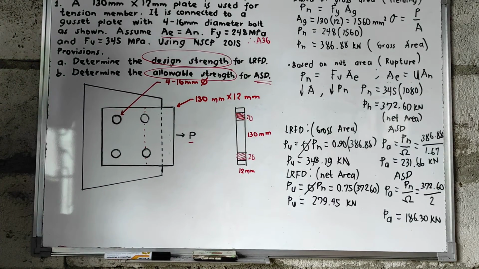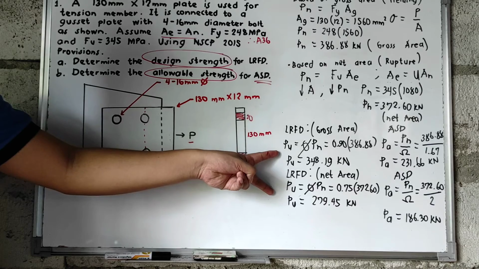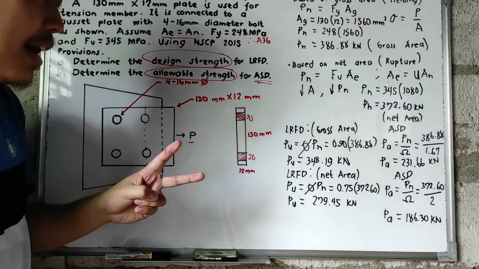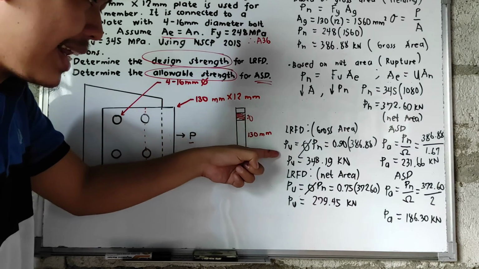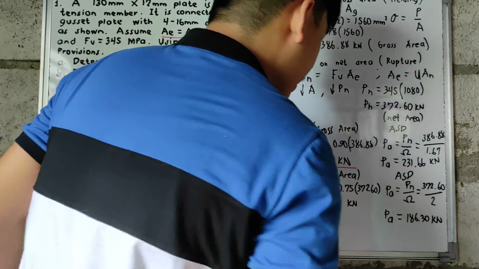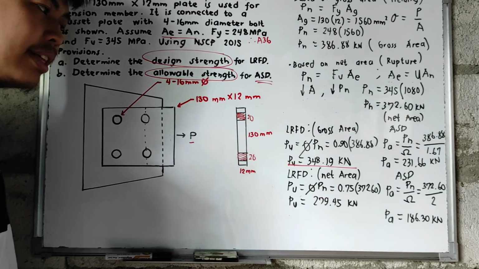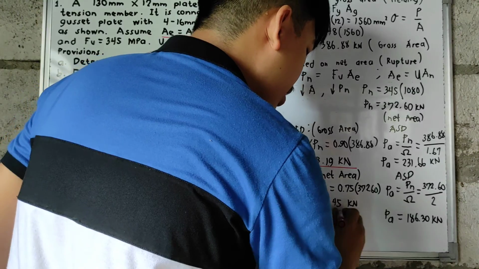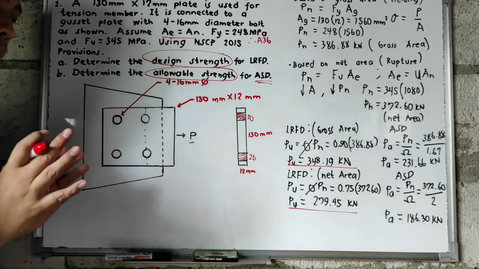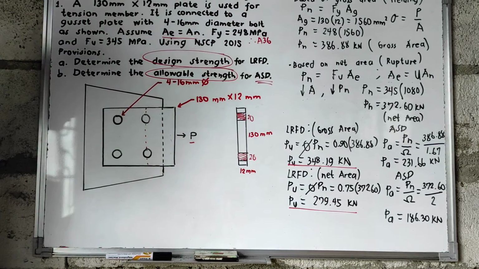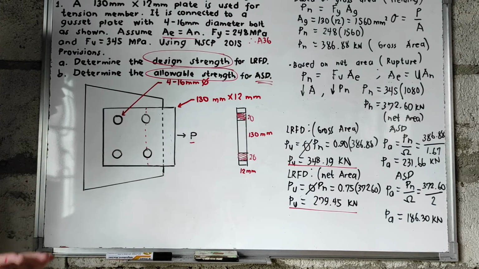So, for this one, meron tayong dalawang values considering gross area, which is equal to 348.19 kilonewton, and the net area naman, which is equal to 279.45 kilonewton. Siyempre, yung i-adapt natin dyan is yung lesser value natin.